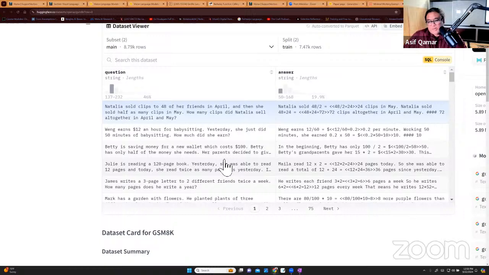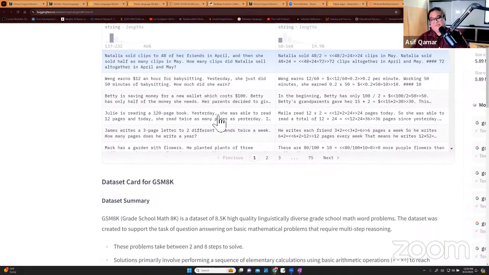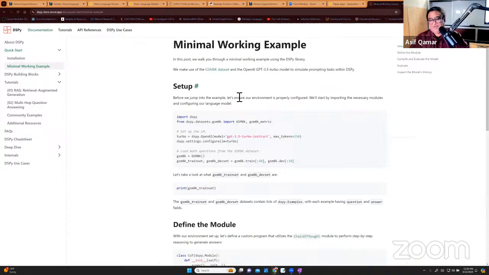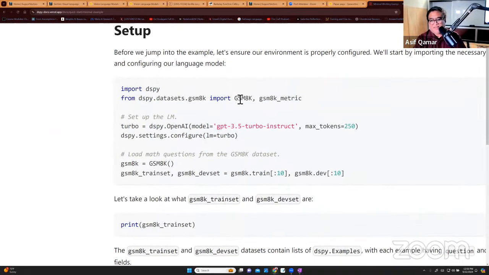Now, to train a machine to answer these questions, you can give a few examples. But this data set already has examples, so you can train a machine to do chain of thought on its own. Let's look at this example. What are we doing in this example? The first step is just getting the model, an LLM, setting up the language model. I would strongly say just go with 4, don't go with 3.5.